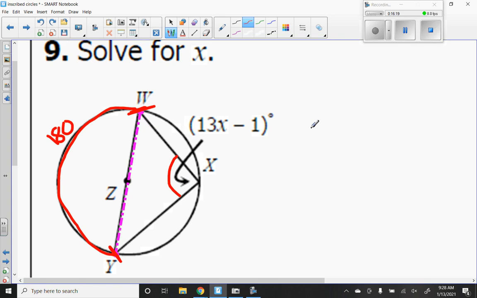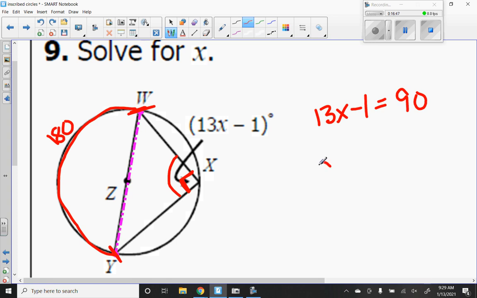Okay? So you can take half of the arc. So that is a right angle. Any way you look at it, this has to be a right angle because its endpoints are at the diameter.